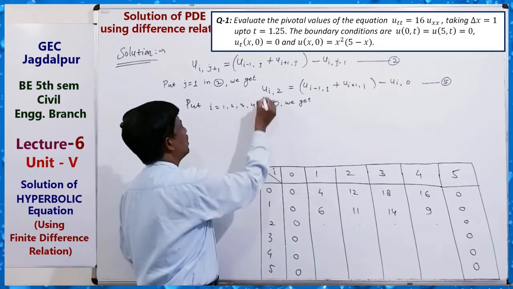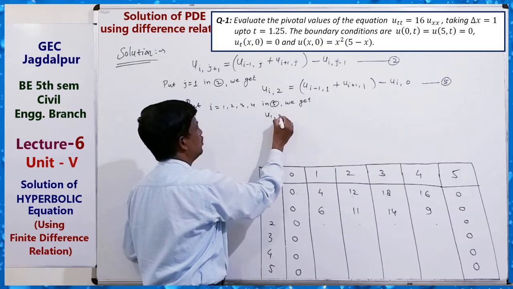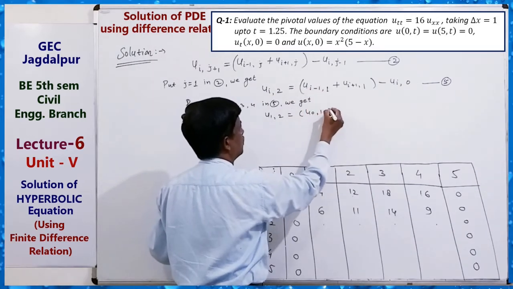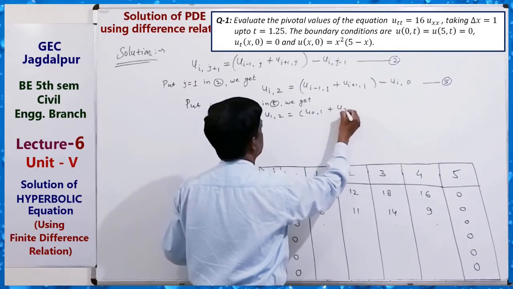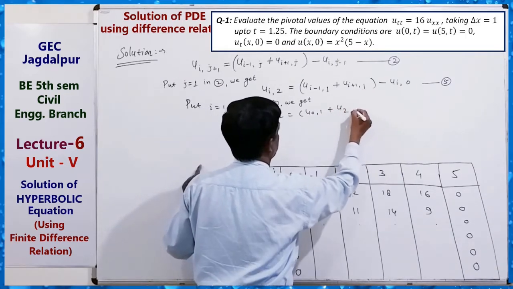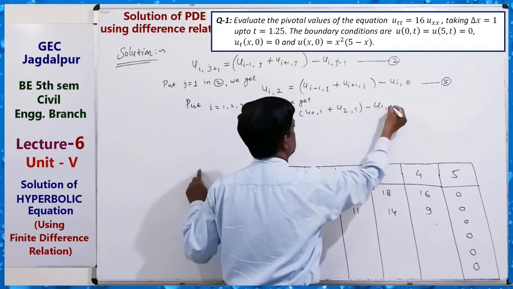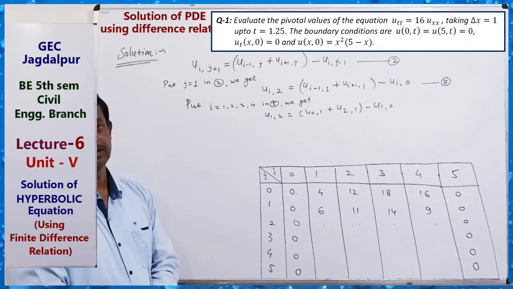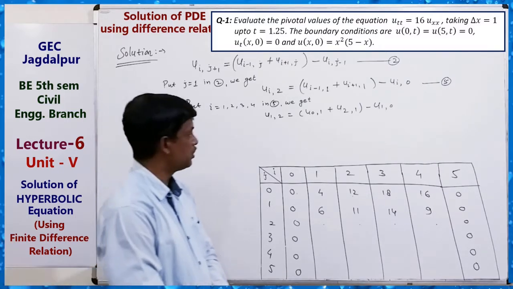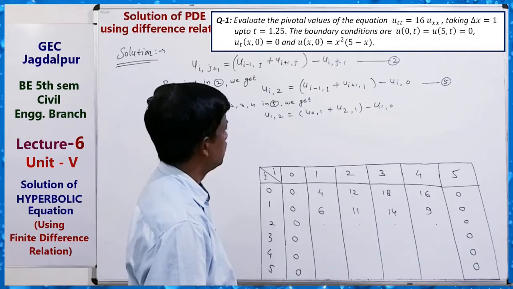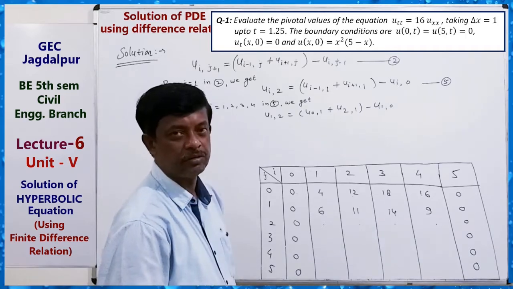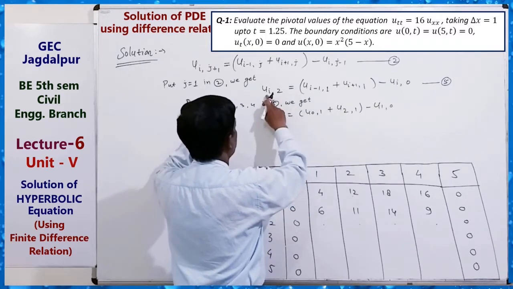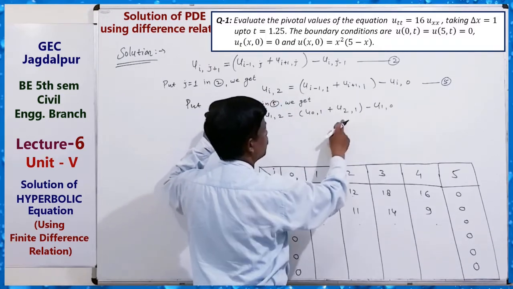With i equals to 1: u(0,1) plus u(2,1) minus u(1,0).